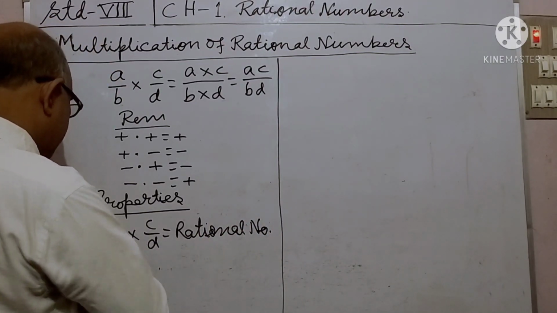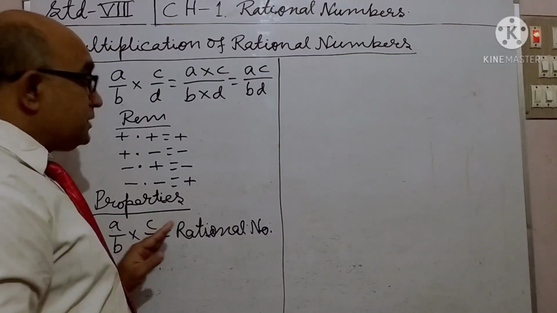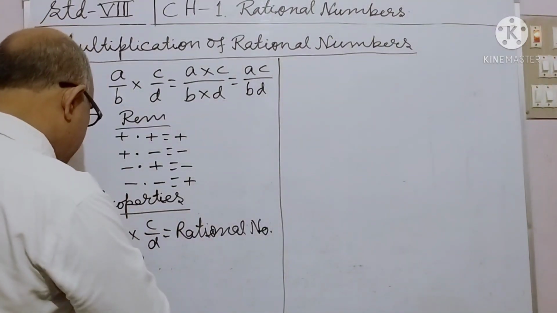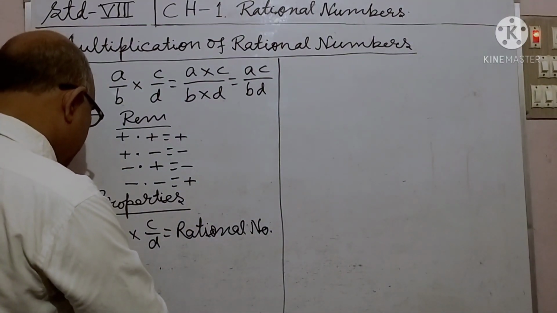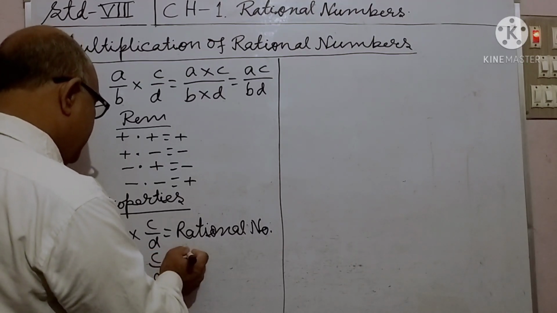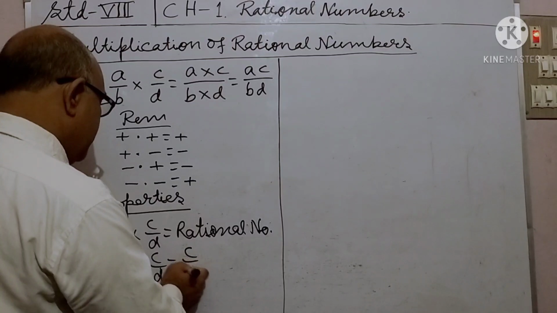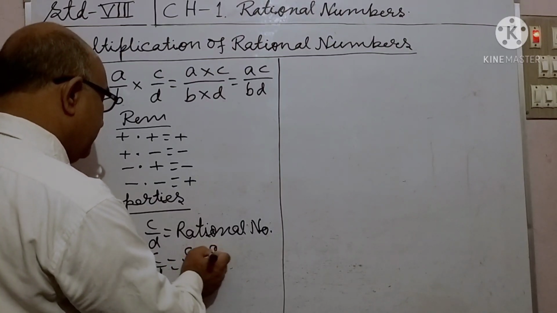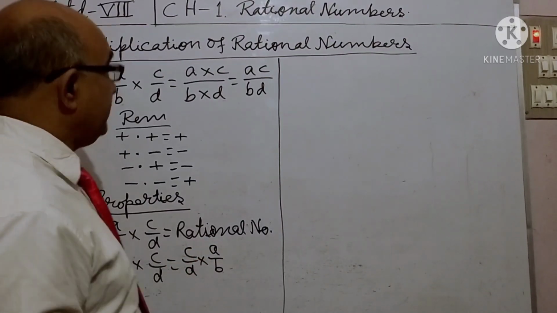Property second, it follows the commutative law: a by b into c by d equals c by d into a by b.